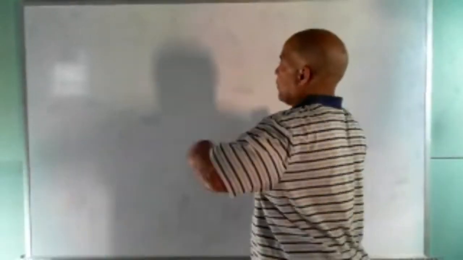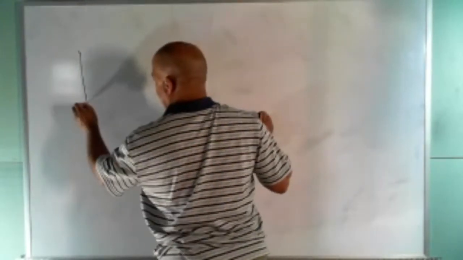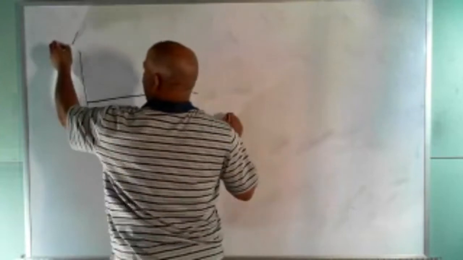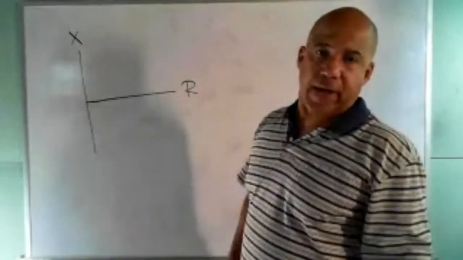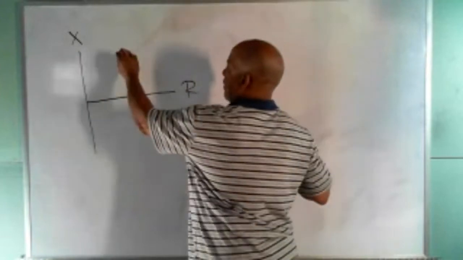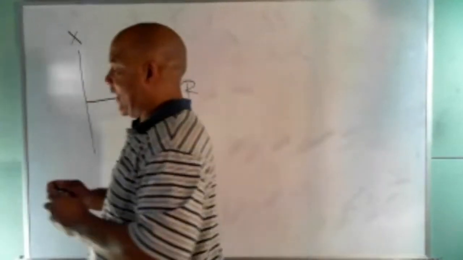Consider this. If I have an impedance diagram where I have R and X, let me take any old point in the complex plane. I just pick any arbitrary point like this one right here. Well, if I pick that point, then I get two things.